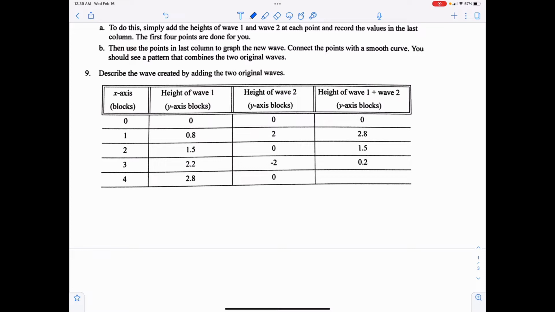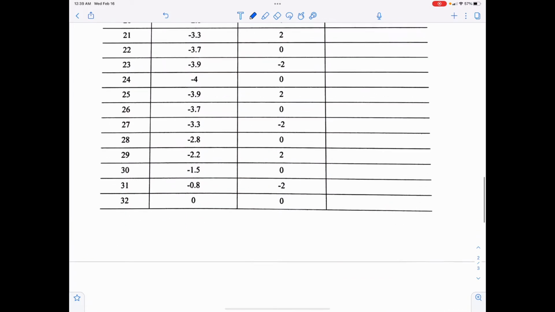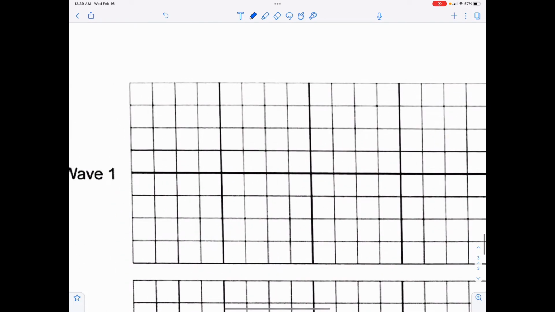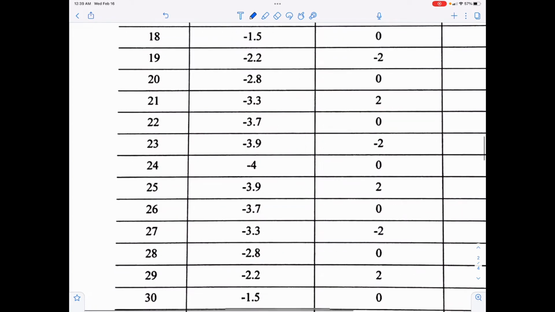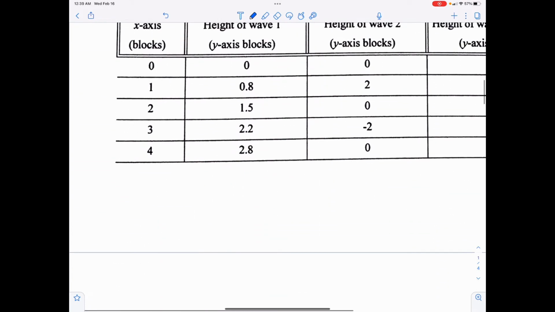At 0, we're going to plot 0. At 1, we're going to plot 0.8, and so on and so forth.